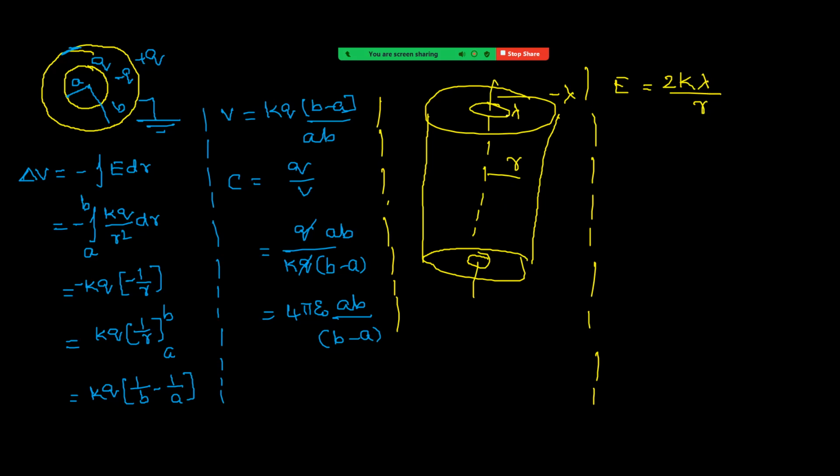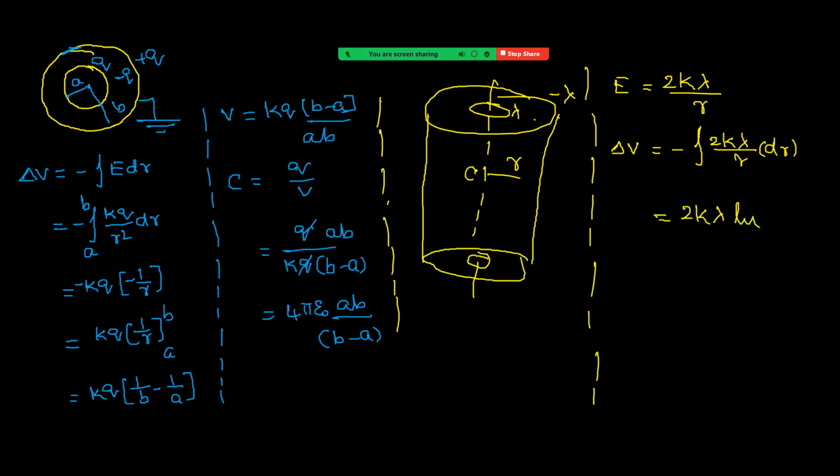So now we want to find out the potential difference between the cylinders. Again, take delta V equal to minus integral E dot dr, E value 2k lambda by r into dr. See what we get. 2k lambda constant, 1 by r dr. It is ln.